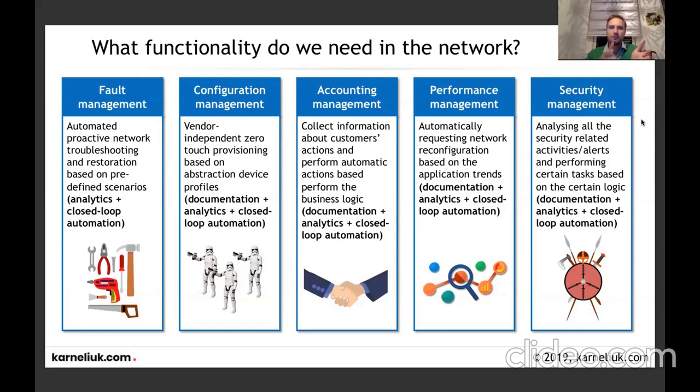I mean, install new SFP modules, new line cards, or something like this. And using closed-loop automation and telemetry, so telemetry is information that you could collect and feed to the analytics engine, which, if some preconditions are met, like some thresholds are crossed, will push some actions.